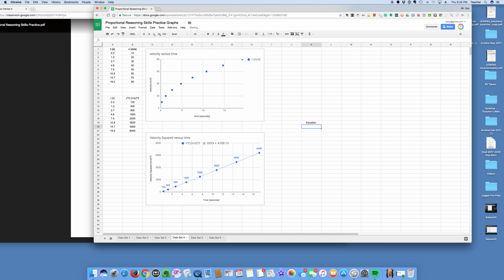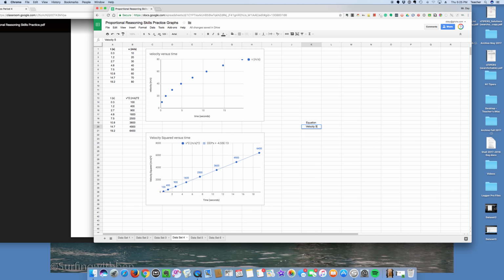Okay, so I got velocity squared equals, and I got 333 as my slope. Whoops, haha. So let's put parentheses around my slope. And the units of my slope are kind of complicated.